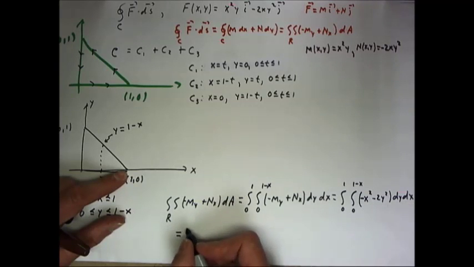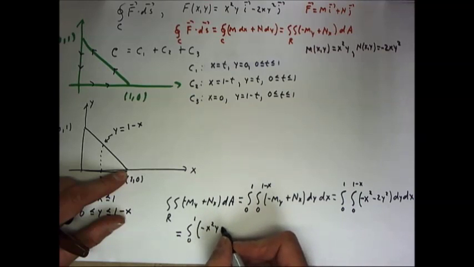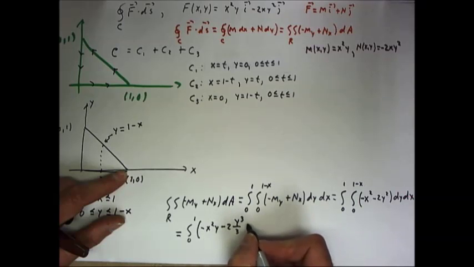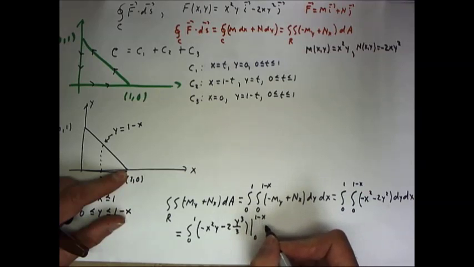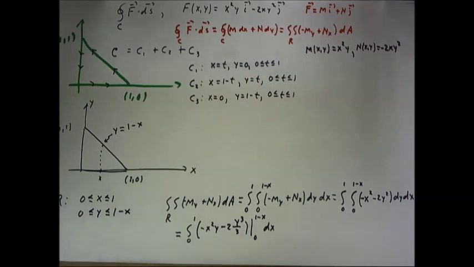Integrating first with respect to y, we get negative x squared y minus 2 times y cubed over 3 evaluated between 0 and 1 minus x. That integrated with respect to x.